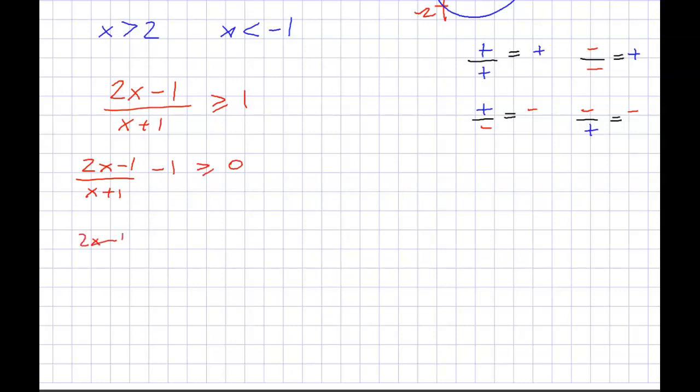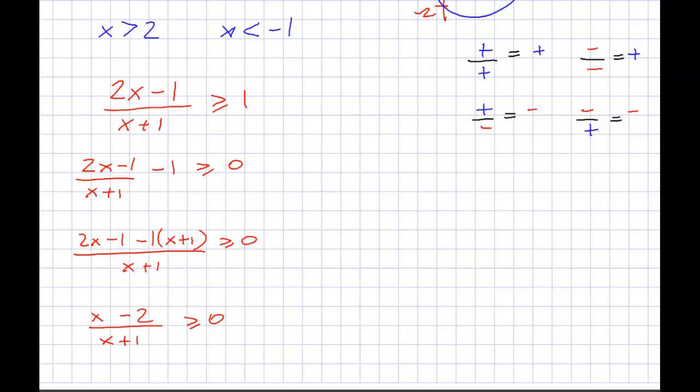So when I am subtracting 1, that's 1 lot of x plus 1 all over x plus 1, and I tidy that up, I end up with x minus 2 all divided by x plus 1, and that is greater than 0. So what I have is a rational expression that is greater than 0.